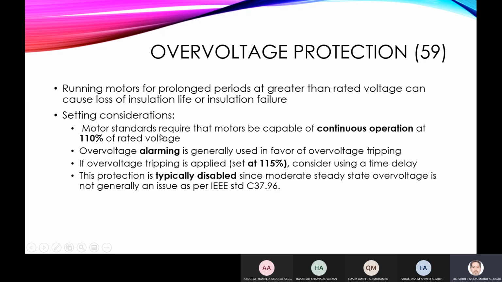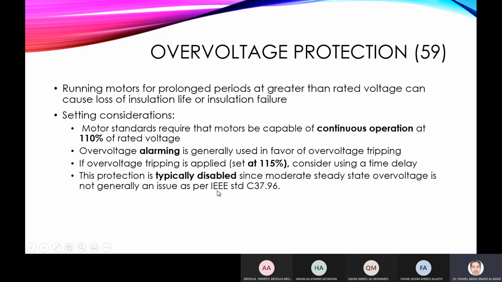Now, when we set this, as I mentioned, we make sure that we don't trip when it is within 10% of the voltage. Mostly this element is for alarm. We don't use it for tripping actions. If you want to use the alarm, you can set it at 110, and for tripping, you can set it at 115 with a time delay.